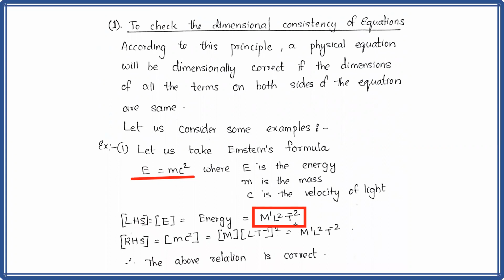Similarly, the RHS also has the dimensional formula M^1 L^2 T^-2.